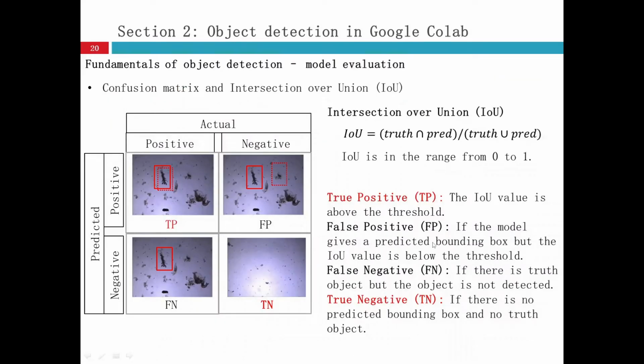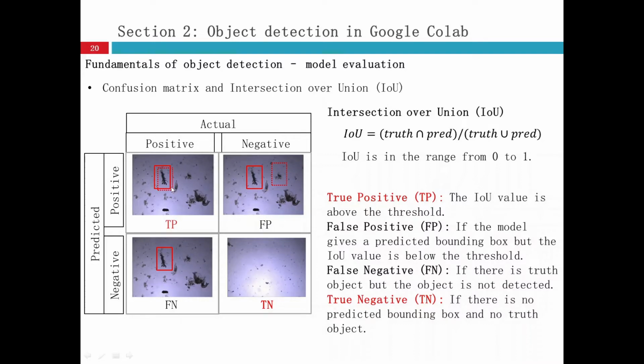Another important fundamental of object detection is to know how to evaluate the object detection model. There are several definitions: confusion matrix and intersection over union here. Look at these figures. The solid box is the true or labeled target, and the dashed box is the predicted one. In this situation, it's easy to see that the overlap between true and predicted is high, which is what we want, the correct detection.